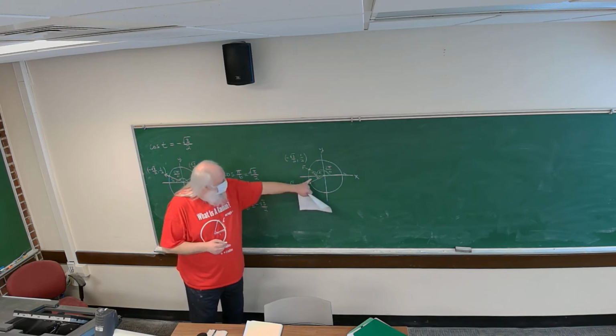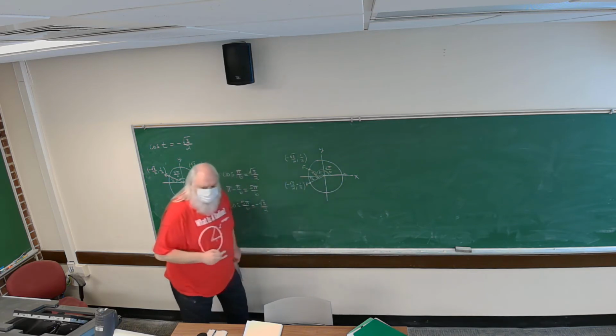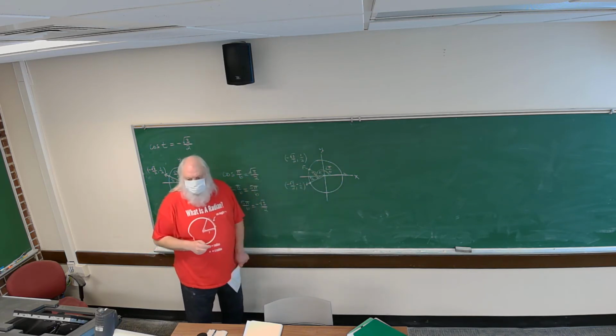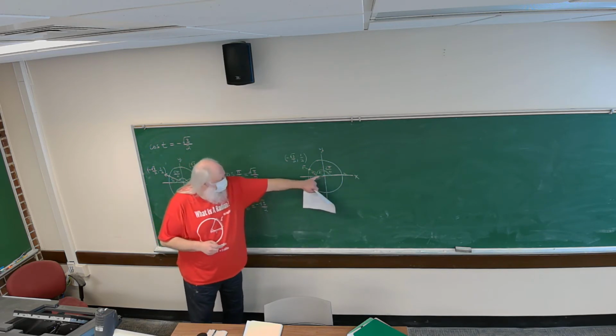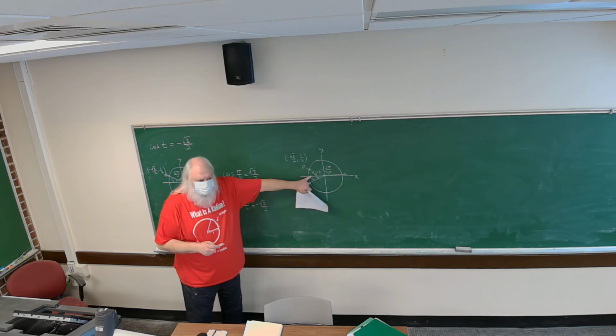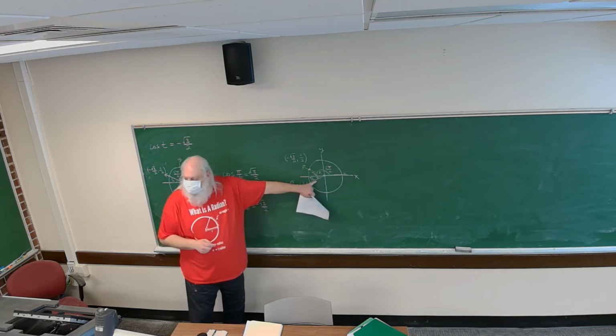Well, we can figure out what that is because of symmetry. This reference angle between the negative x-axis and this terminal side also has to be pi over 6 radians, just like it is up here. And so what's this angle? 1/2 revolution is pi, and then we add pi over 6, and we get the size of this angle in radians.